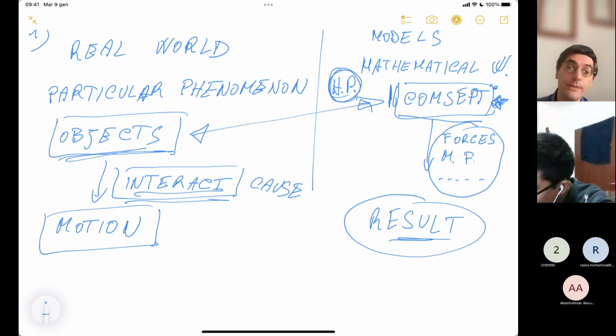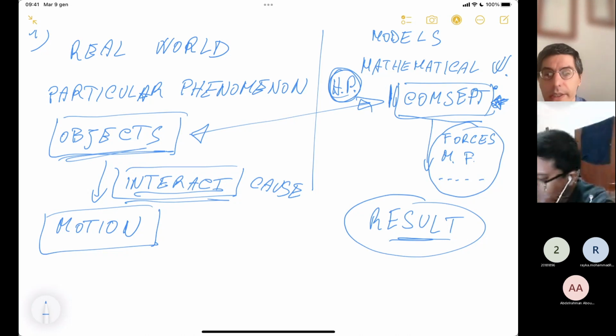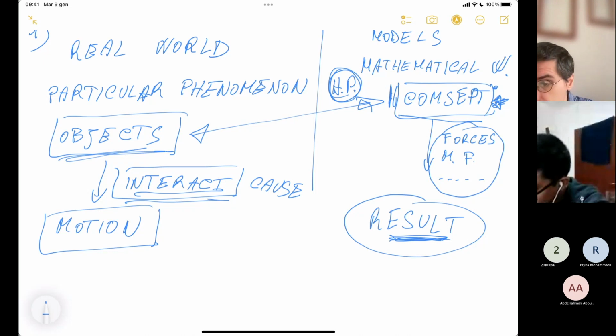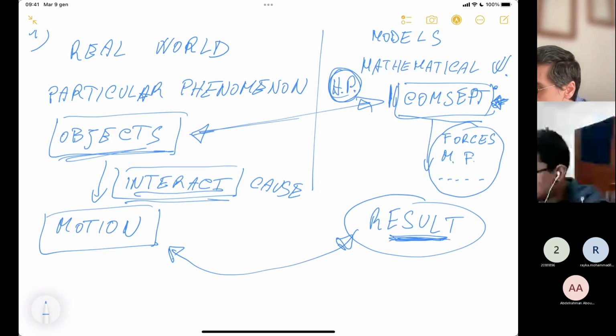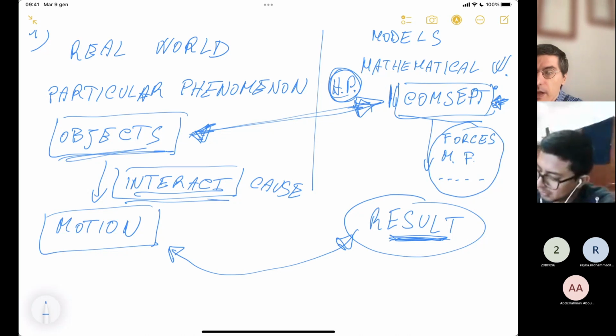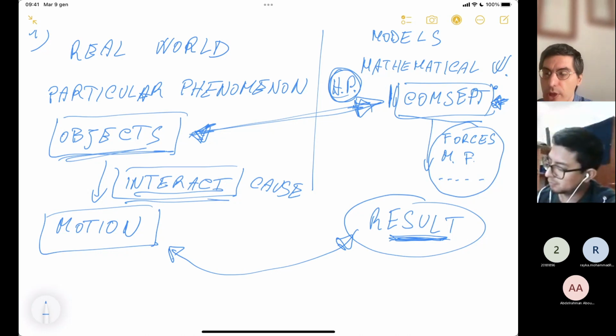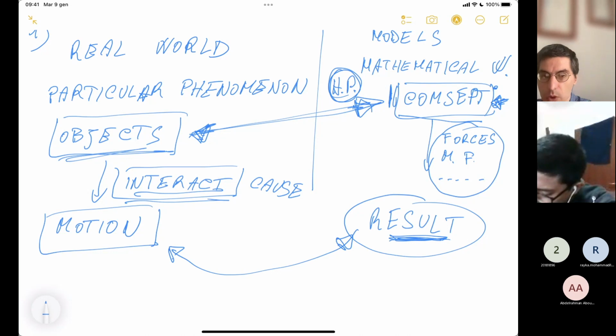So at the end of the story, your model is good if the results that you obtain, so the motion in terms of displacement, the motion in terms of velocities, something like this, correspond. So if this is true, you can make some kind of relationship between the real object and the simplification and the geometrical object that you treat in the models.